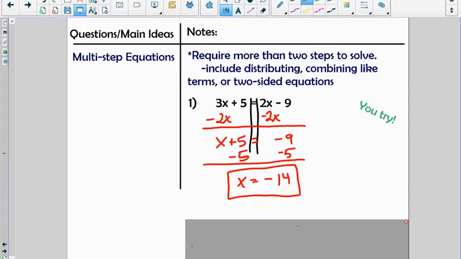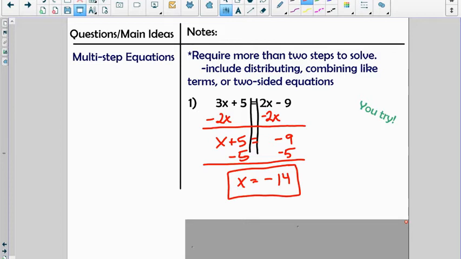All right, when I solved, I got x equals negative 14. Hopefully you got the same thing. If your work doesn't look the same on the inside of the problem or the middle of the problem, that's okay. When you have more than one step, sometimes it's okay to do things in a different order, especially with two-sided equations.